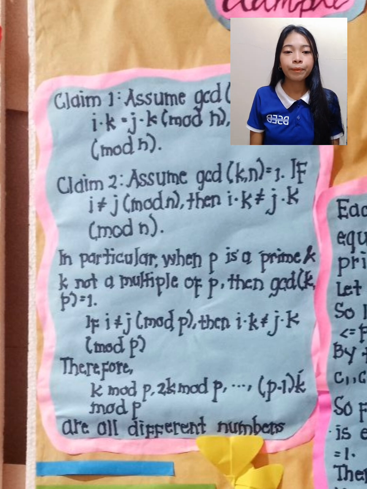Example: prime p is equal to 7, k is equal to 3.